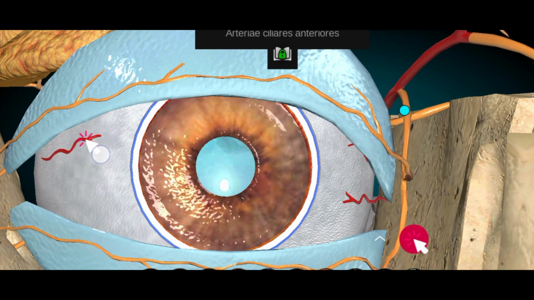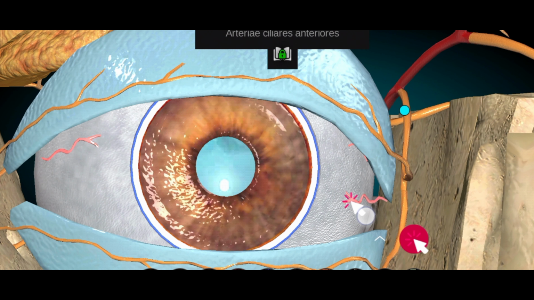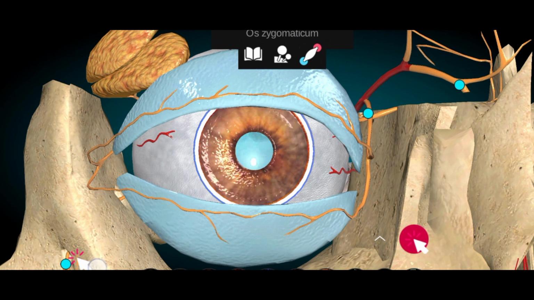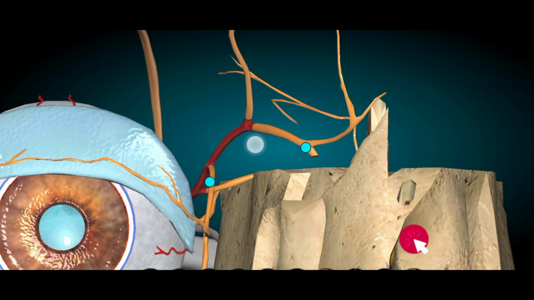These are the anterior ciliary arteries. And these are the supratrochlear arteries; these are not important here.